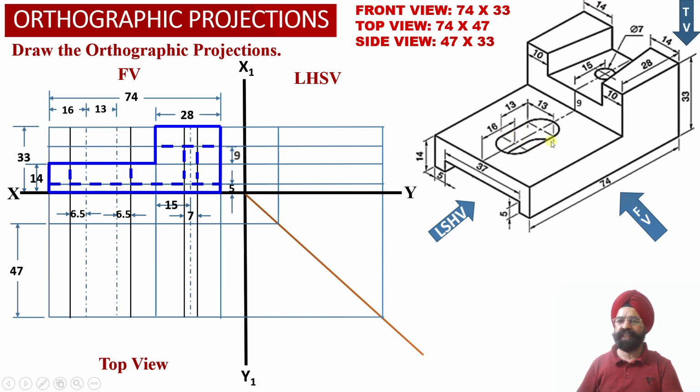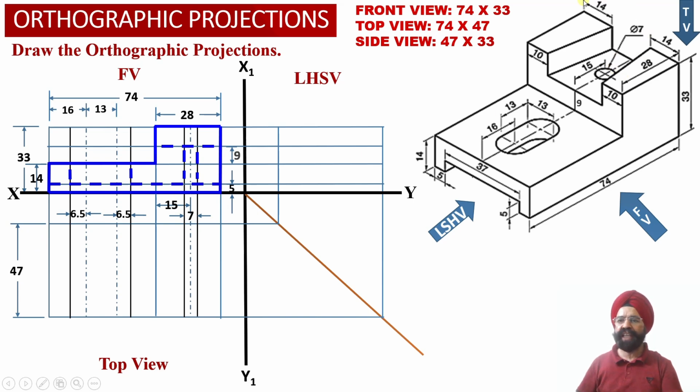So this surface will be visible over here in the form of a rectangle as a true shape, whereas the two semicircular ends will appear as apparent shape rectangles in the front view projection over here. Now let us proceed to evaluate the top view projection corresponding to the solid.